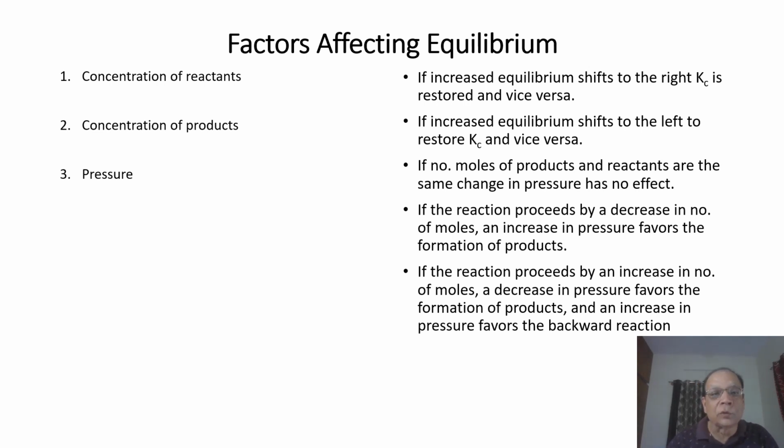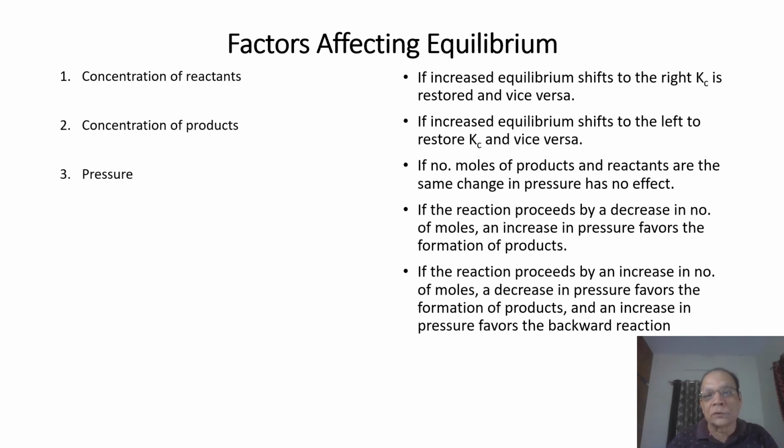That means if the concentration of reactants at equilibrium is increased by introducing more reactants from outside, the equilibrium will go to the right and Kc will be restored. And if the concentration is decreased, then the opposite follows.